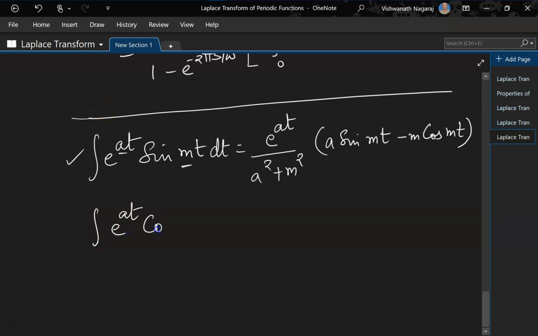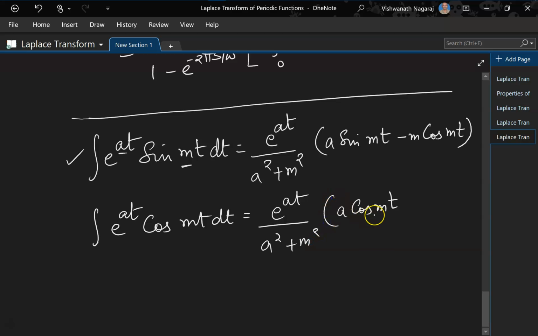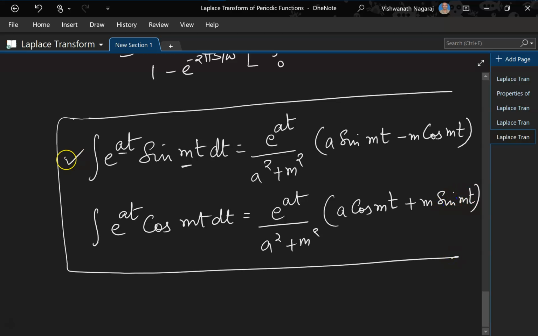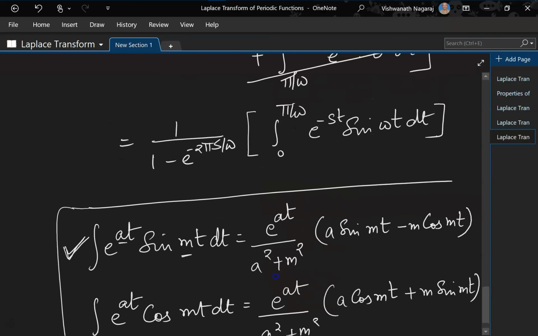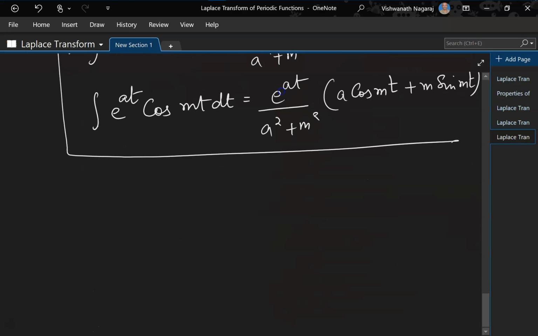In case of cos, the integral of e^(at) cos mt dt is equal to e to the power of at by a square plus m square, times a cos mt plus m sine mt. So out of this, we are going to use the first to solve this integral.